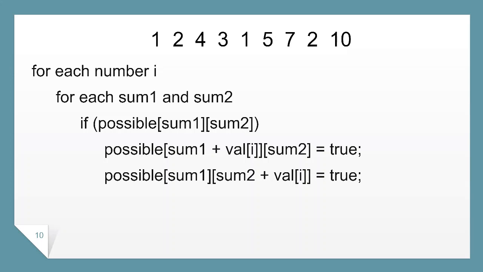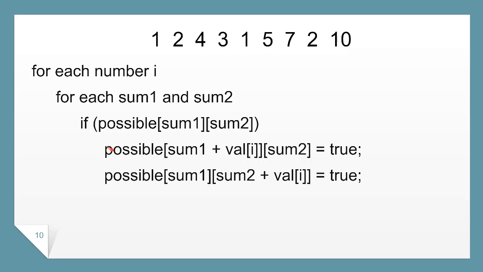And if you find that this current setup is possible, like sum 1 and sum 2, then you're first going to try adding your current number to sum 1, and then you're going to try adding it to sum 2, and then you're going to try adding it to sum 3, right?